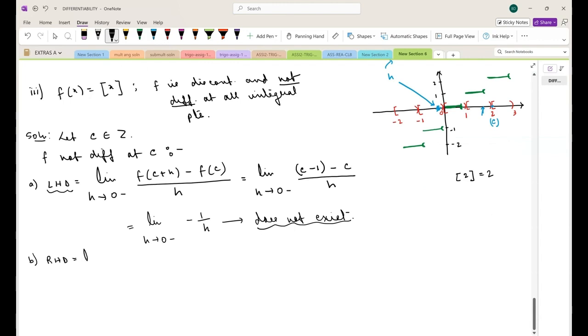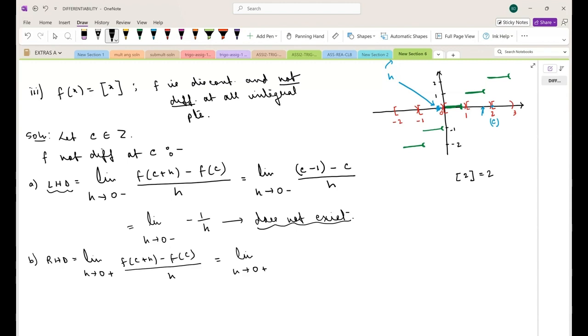So the right hand derivative is limit h tends to 0 from the right, f of c plus h minus f of c by h, that is equal to limit h tends to 0 from the right. Okay, that means h is positive, so c plus h is on the right side of the integer c. So for any integer on the right side, the functional value is the value of the integer. For example, on the right side of 2, box 2 is 2. On the right side of 1, box 1 is 1.